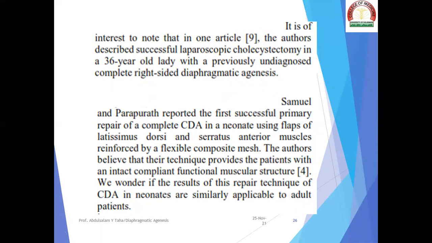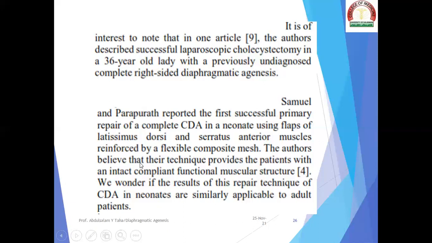Samuel and Porath reported the first successful primary repair of a complete congenital diaphragmatic agenesis in a neonate using flaps of latissimus dorsi and serratus anterior muscles, reinforced by a flexible composite mesh.